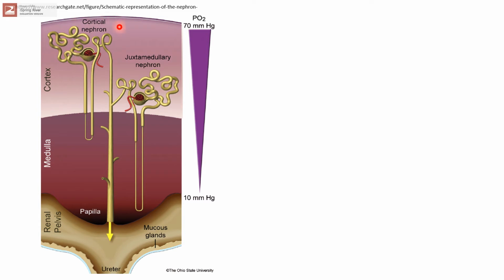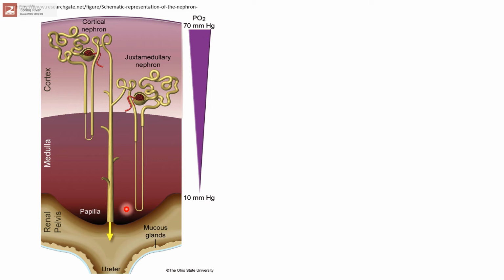Now the difference is that the cortical nephrons have their glomeruli in the outer cortex, and they have shorter loops of Henle that only dip closer to the outer medulla, whereas in juxtamedullary nephrons, the loop of Henle is a lot longer and they almost reach the renal papilla. So they are present a lot deeper in the medulla of the kidney.